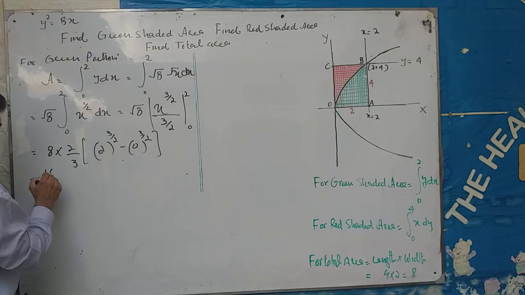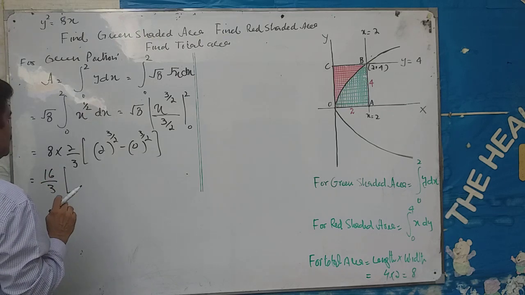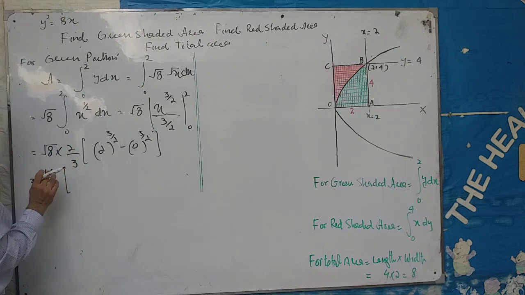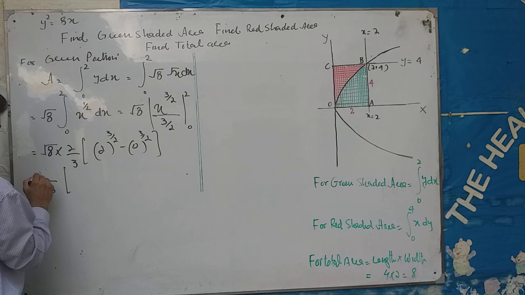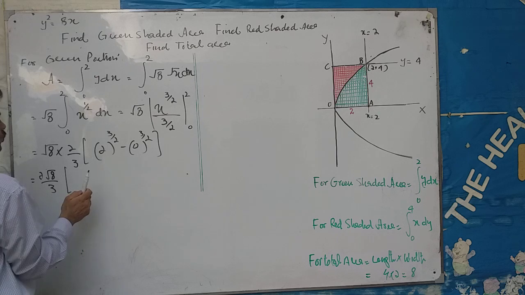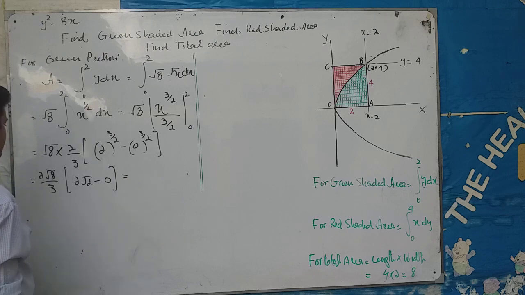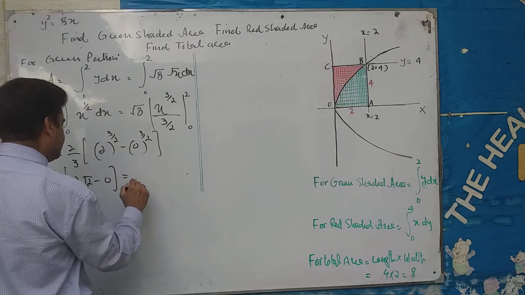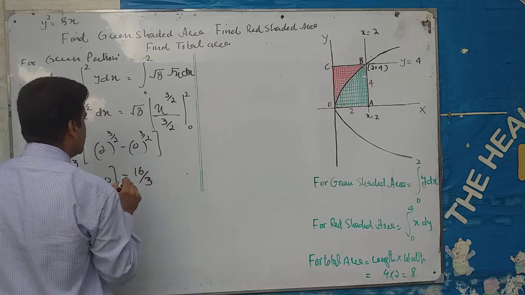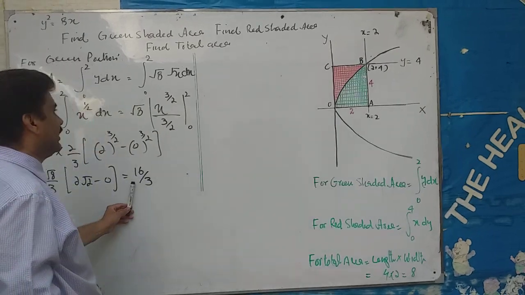We can write under root 8 as 2 under root 2, multiplied by 2 under root 2 minus 0, and we get the required area 16 by 3. The green shaded portion area will be equal to 16 by 3.